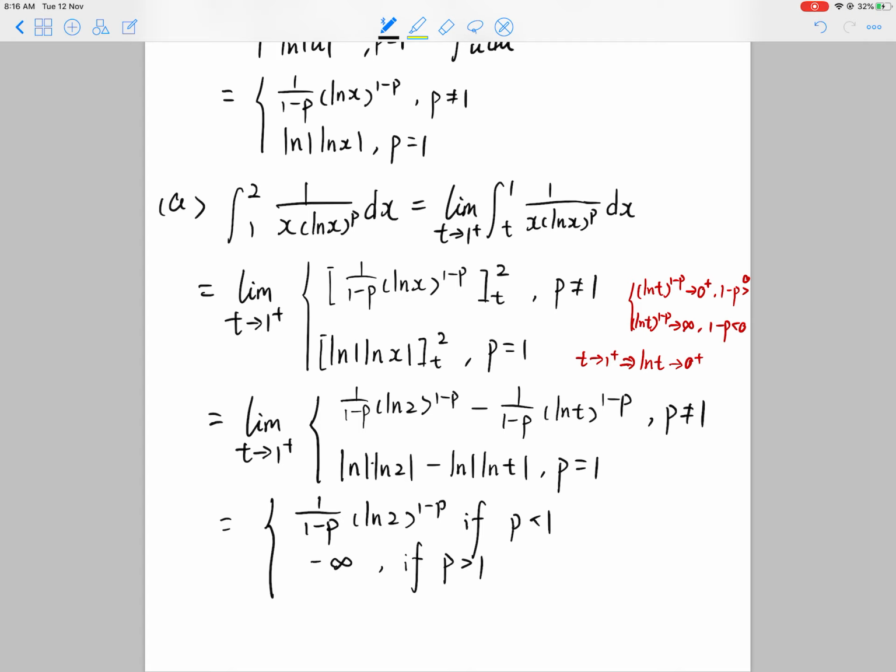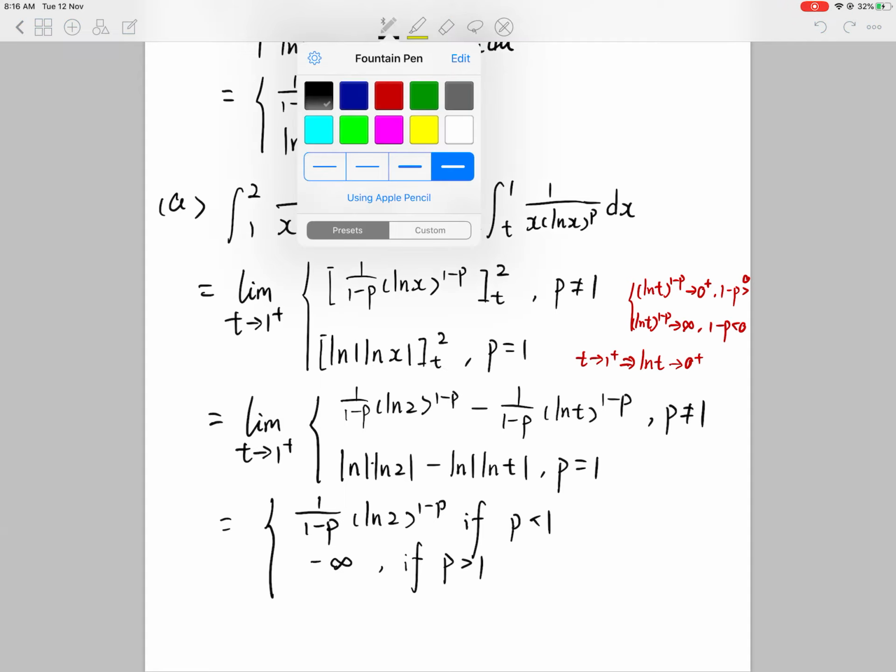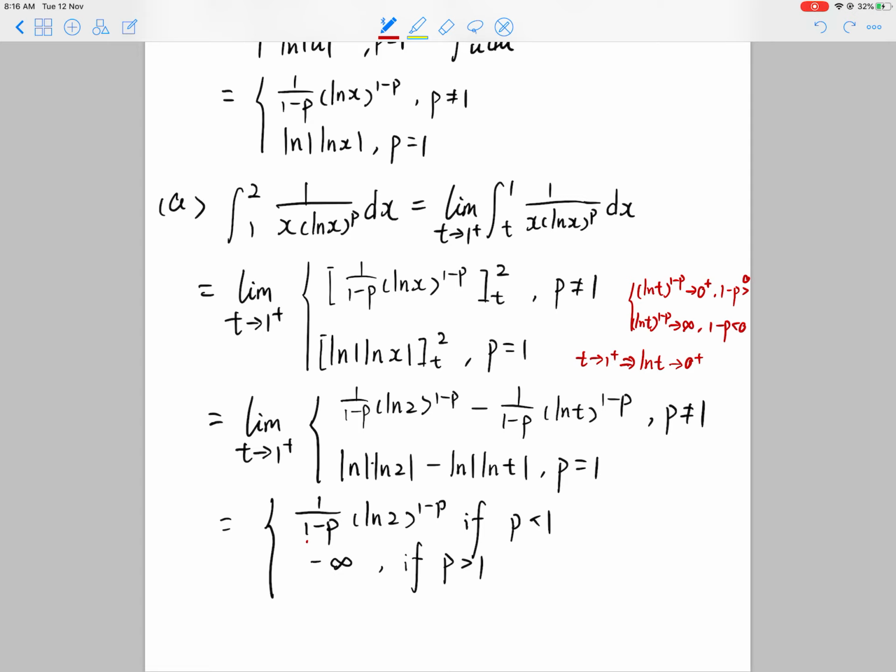This part I don't care, it's a fixed value. So it's negative infinity, which means it diverges if p is greater than 1.